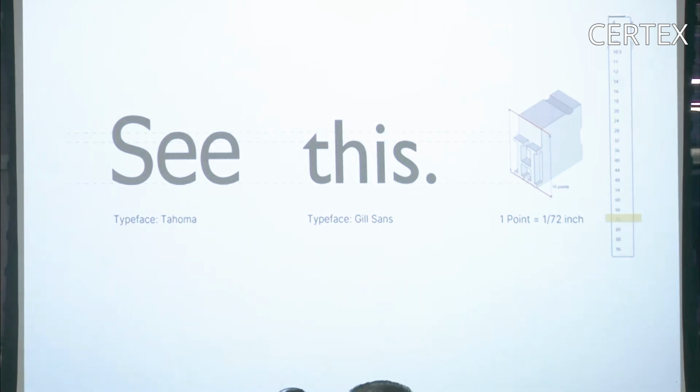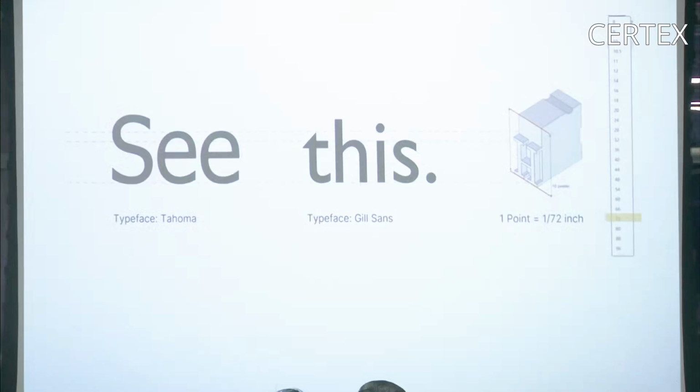Different fonts have different x-heights. X-height is the height of the lowercase x. And for reference, I have put on the right the oldest technology of printing, like pressing things. That was the size from where the point came from. One point is basically 1/72 inches.